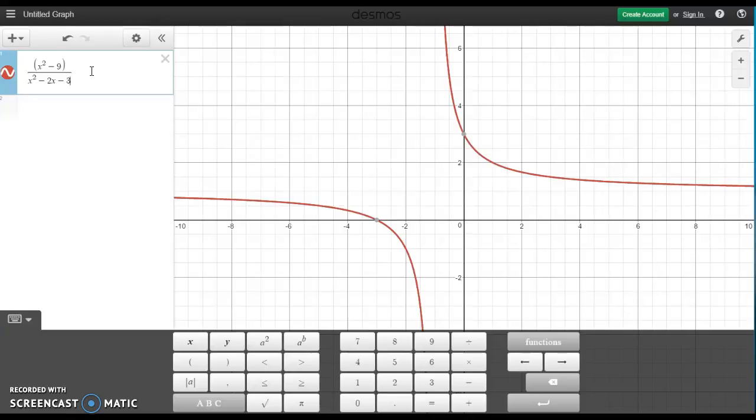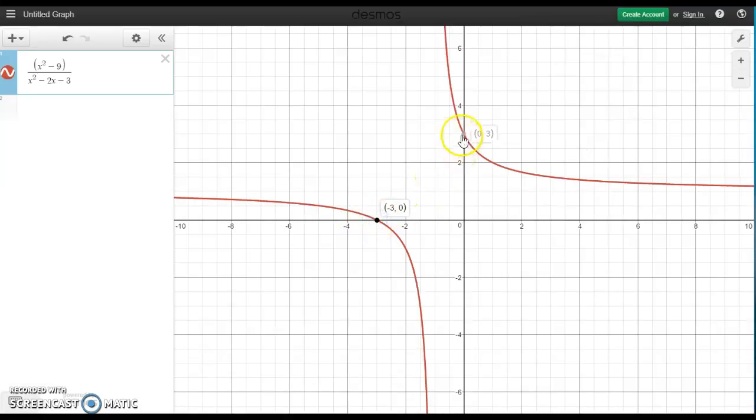They correspond to the stuff we found, right? So where x can't be negative 3, there's a hole in the graph, actually. If you try to click on that point, it says, no, you don't exist. And I'm trying to use my finger on this graph, and I can't. Sorry.